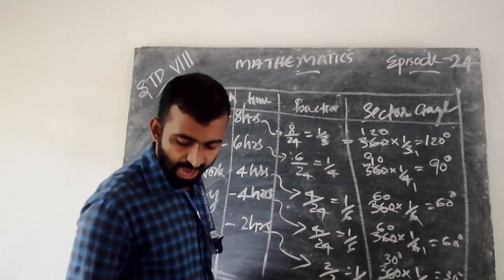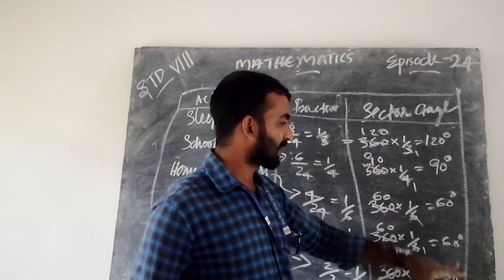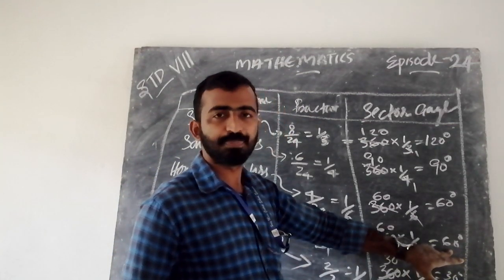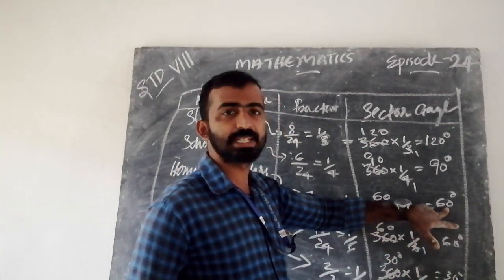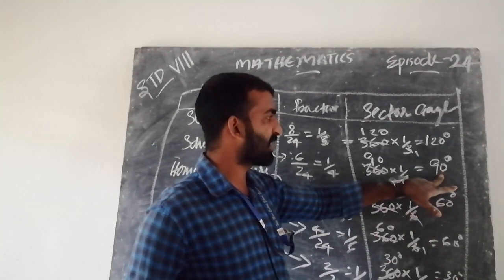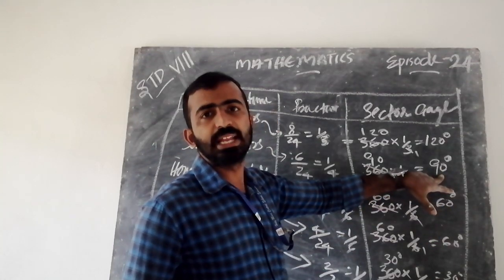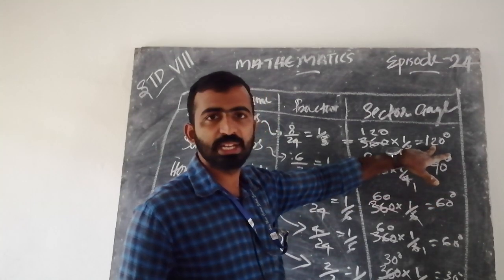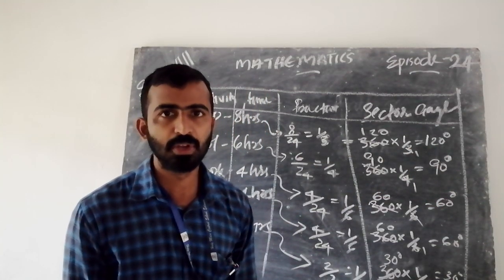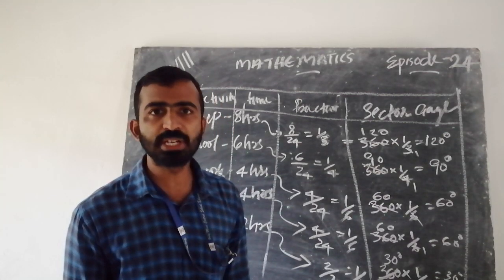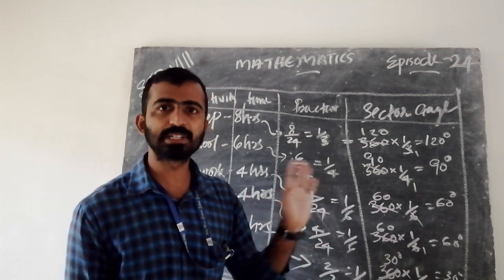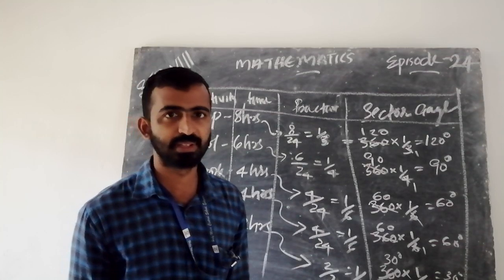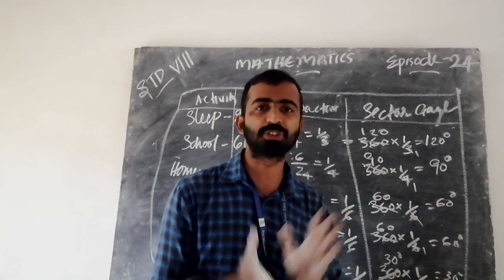We can also add these angles. 30 plus 60 is 90, 90 plus 60 is 150, 150 plus 90 is 240, 240 plus 120, we get 360. That is, the angle sum is 360, which is right. This is the pie chart table.